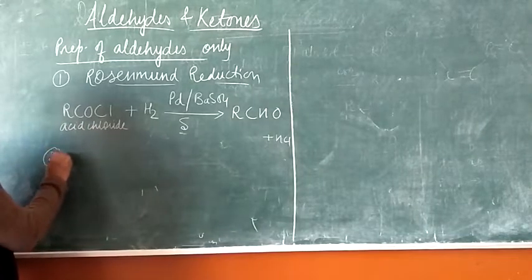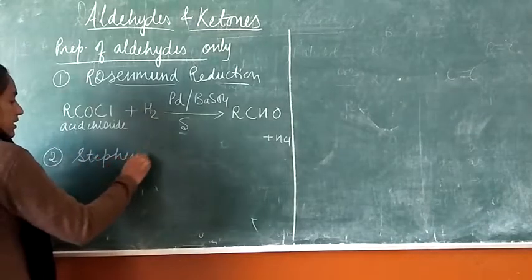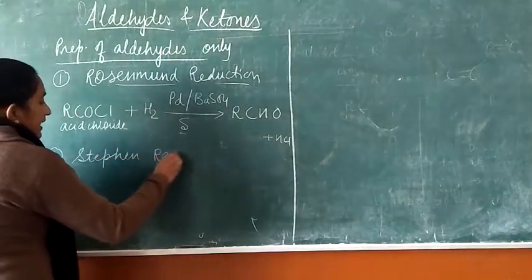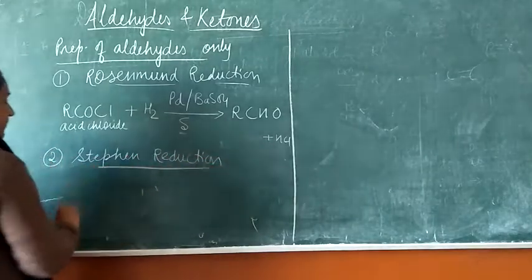Now the second preparation, students, is from alkane nitrile under the heading Stephen reduction.